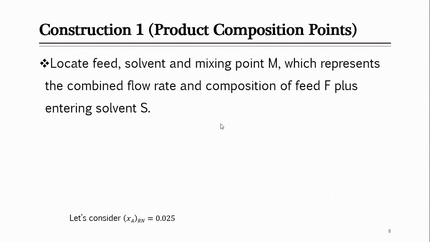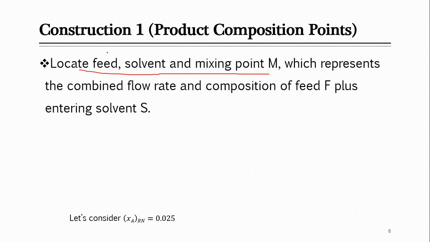So first of all we have to locate the feed, solvent and the mixing point on the triangular diagram. If you recall example 4.7 which we discussed, maybe you remember it was either the third or fourth point, in which we discussed that you have to locate your feed point, solvent point and the mixing point inside the triangular diagram.